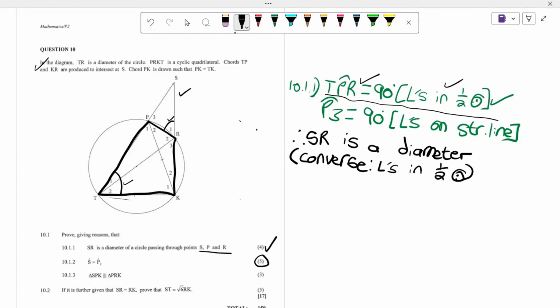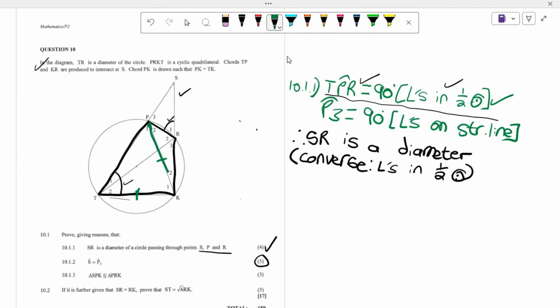Then also, let me try and see what I have now. They also told me that PK is equal to TK.